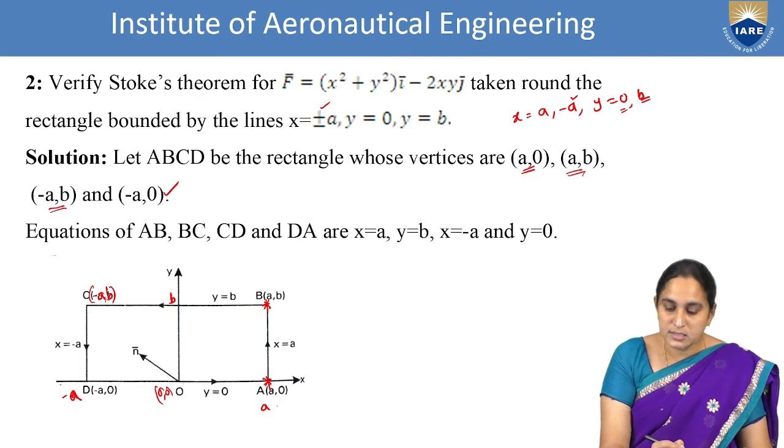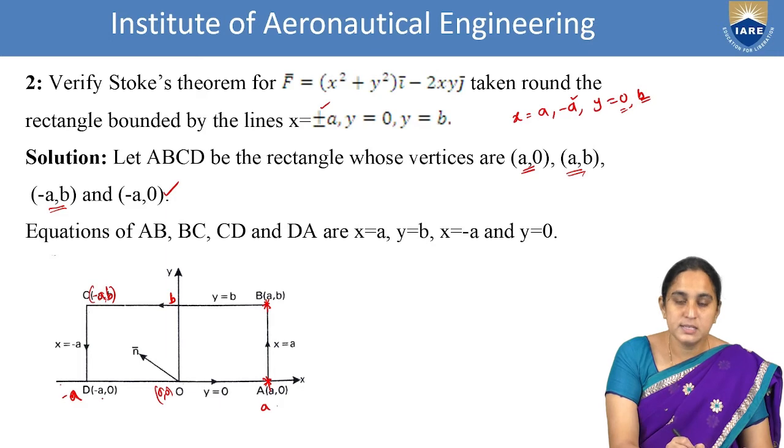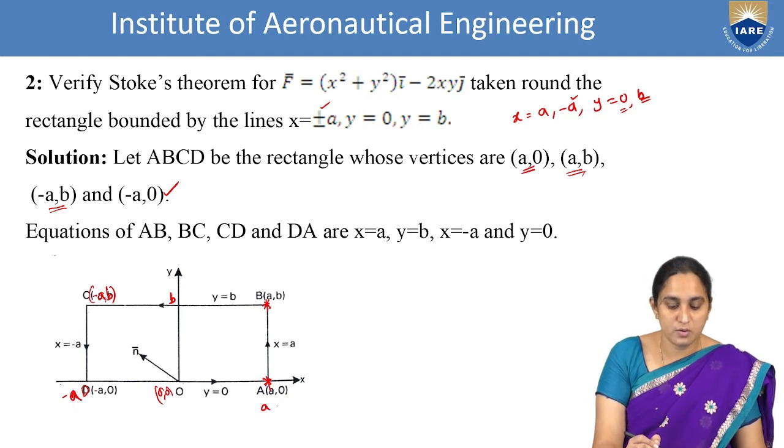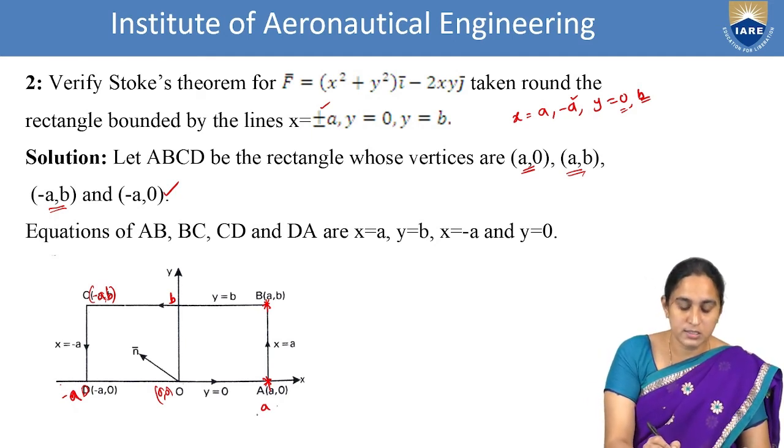And the last point here minus a comma 0. At x is minus a and y is 0, that is d point, that is minus a comma 0. That is the intersecting point at d.